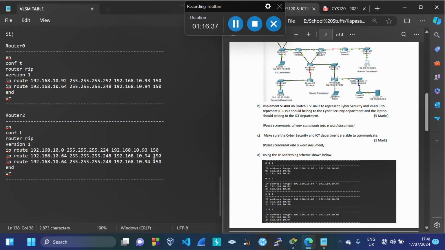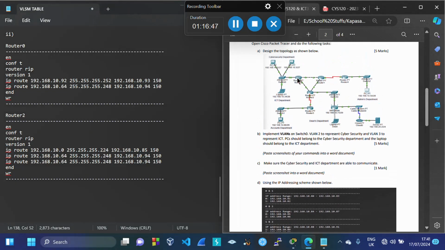So I'm going to put an 85 here, because I'm going in that direction. Now I'm not just passing at router 0 once, but 2 times, because I need to visit the ICT department. So again here I'll put 85 for that.